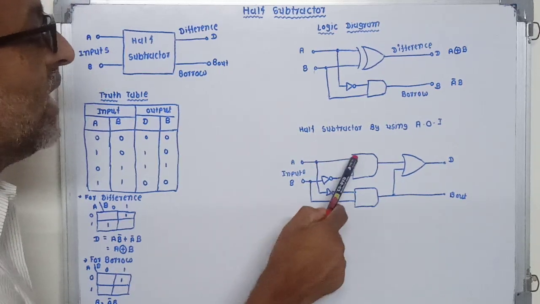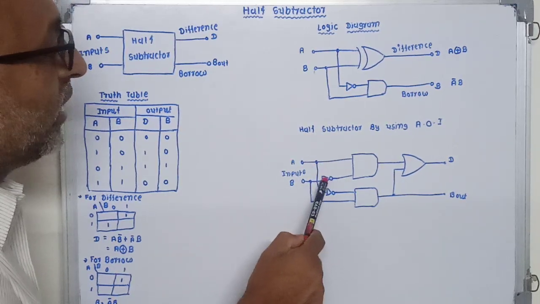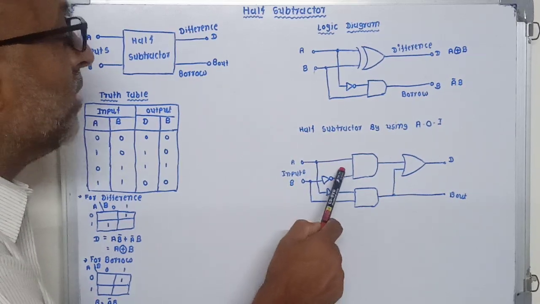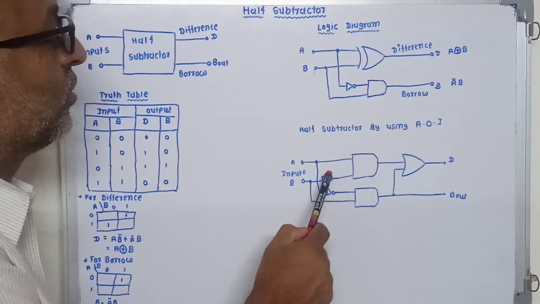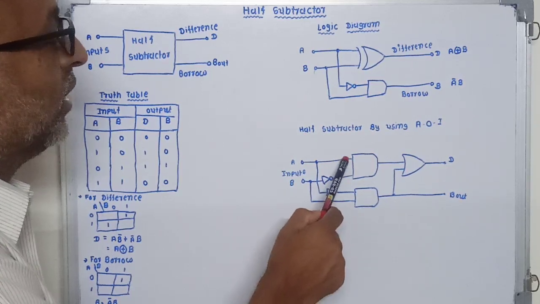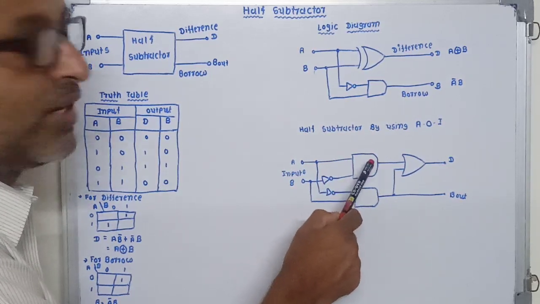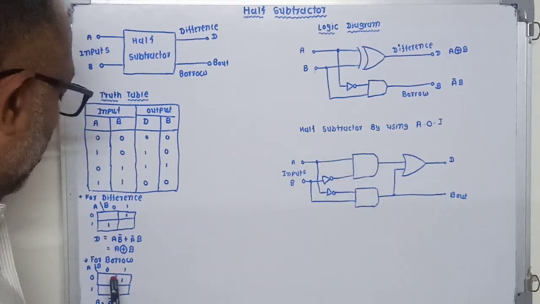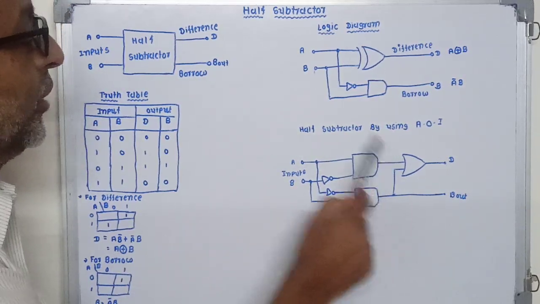Here A is directly connected, but one NOT gate is connected in series with the B input, because we require B bar for this AND gate. So the inputs available at AND gate 1 are A and B bar, which provides the output A into B bar.